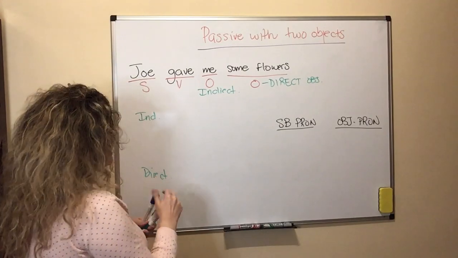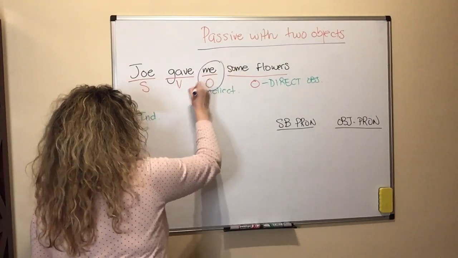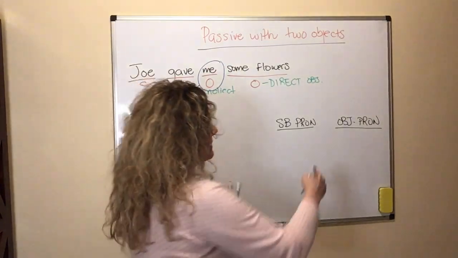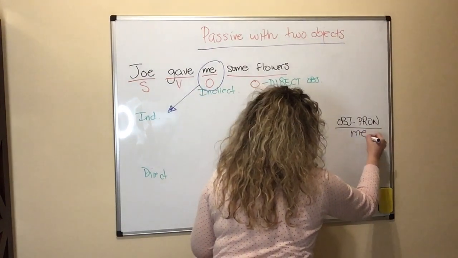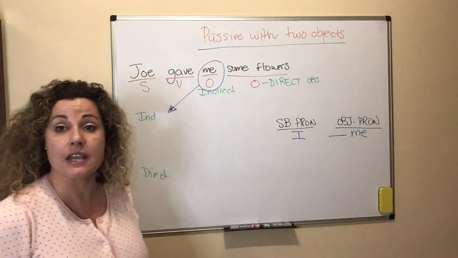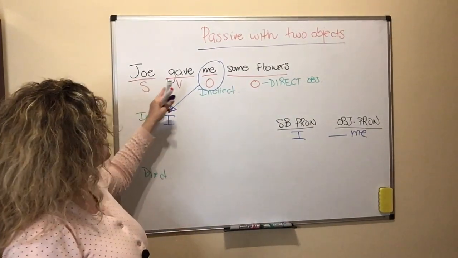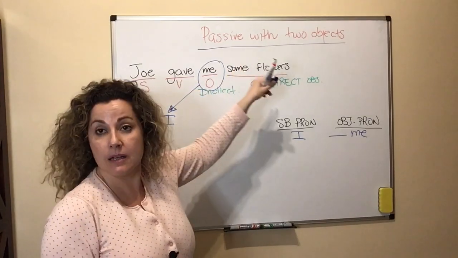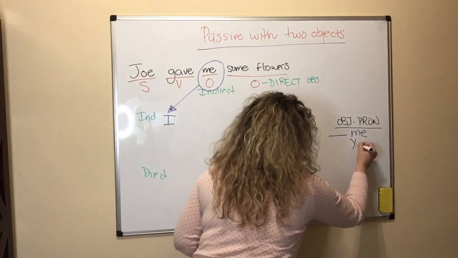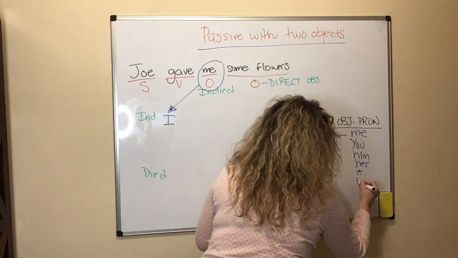So the first thing that we have to check is that if we start with the indirect object, the object pronoun me is transformed into a subject pronoun, which in this case is I. Imagine that you have Joe gave him or her, for example, some flowers.